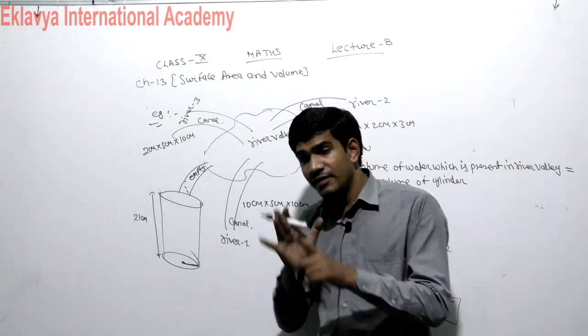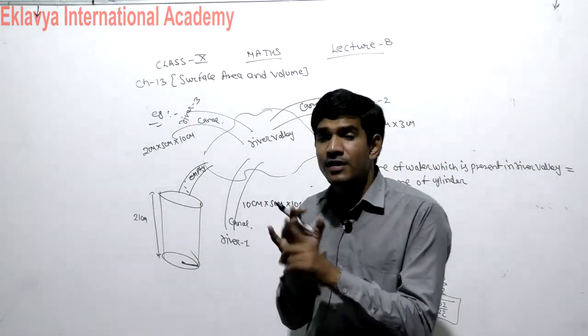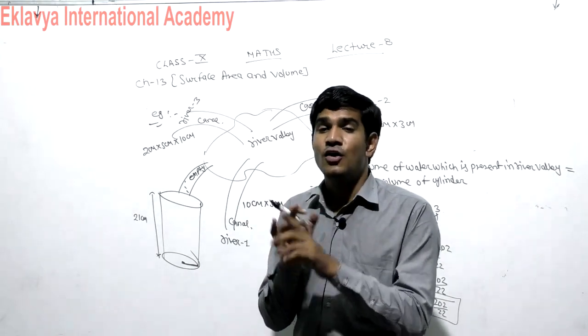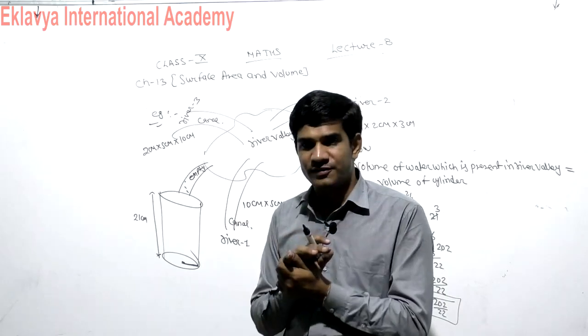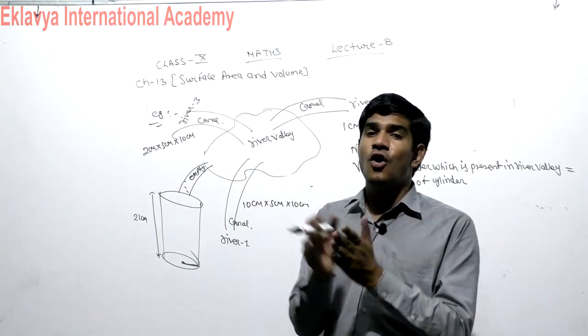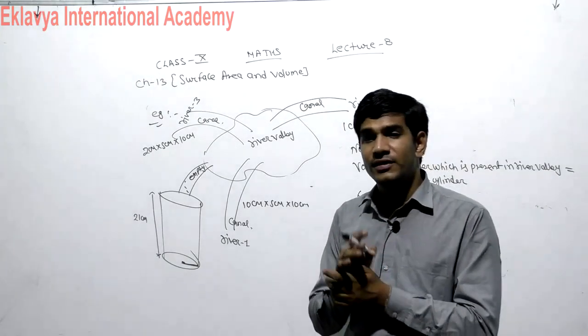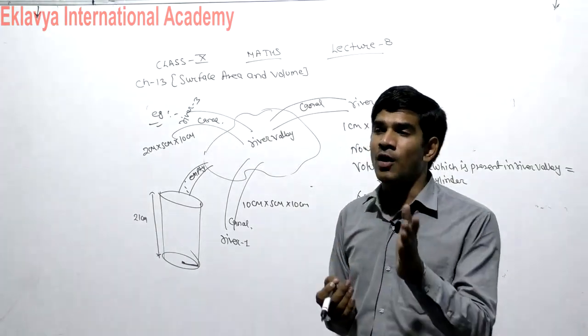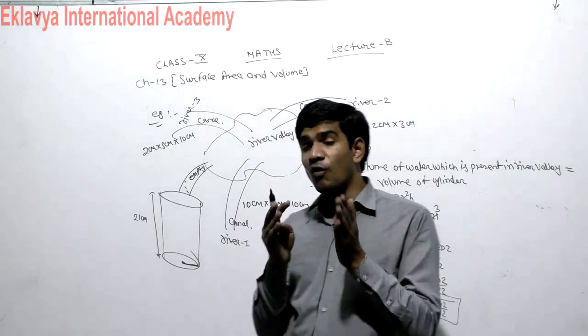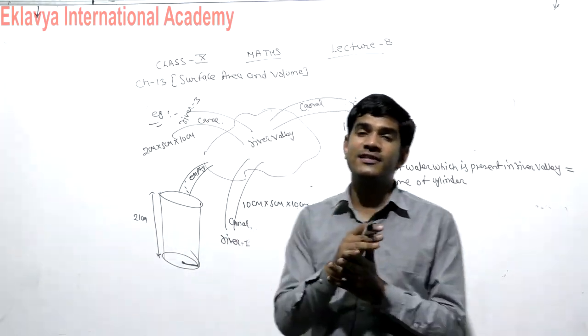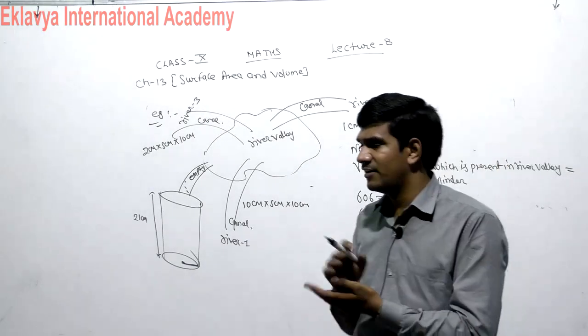Chapter 13.1 was based on what? How we will find out the total surface area of the combination of solids. You have to calculate the TSA of a combination of solids, that is 13.1. In 13.2, how we will find out the volume of combination of solids. You had to calculate the volume of a combination of solids, that is 13.2.